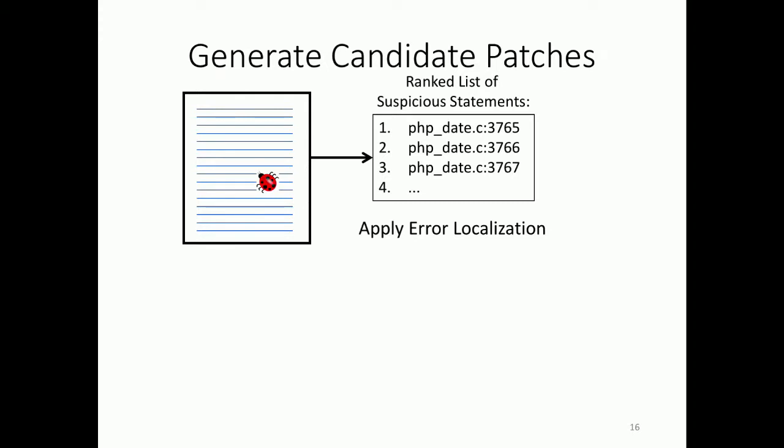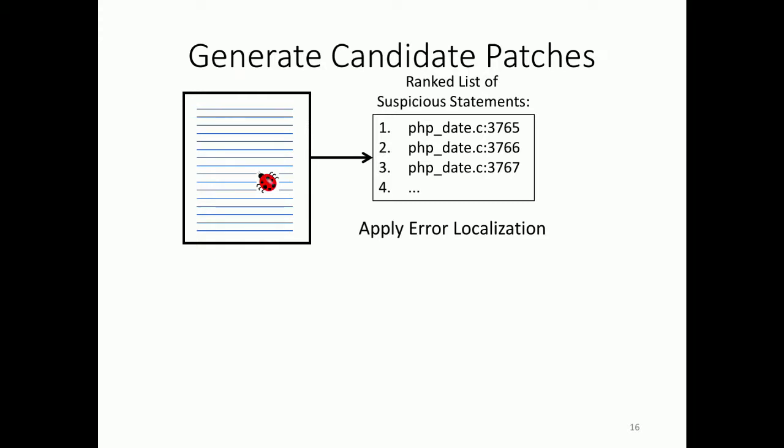Here we use a standard technique called error localization. At a high level, those techniques compare the execution traces of positive inputs and negative inputs and analyze them to come up with this list. I will not go into detail on those standard techniques.